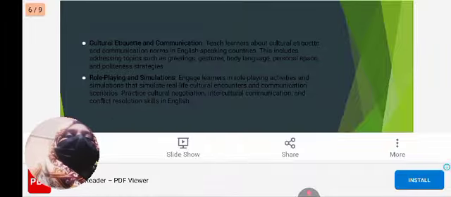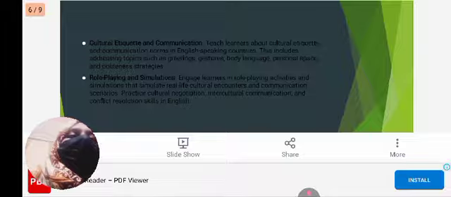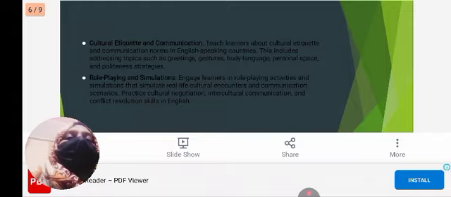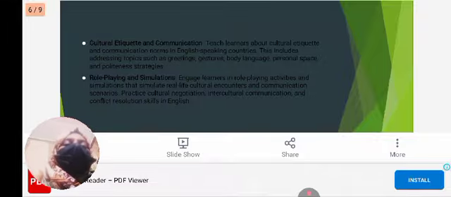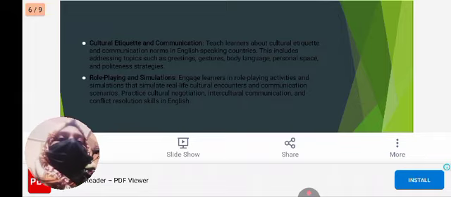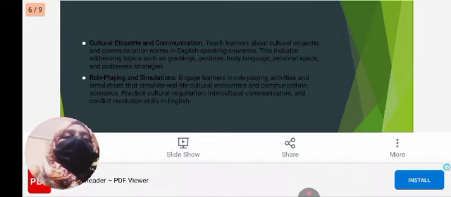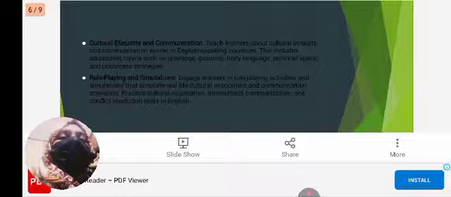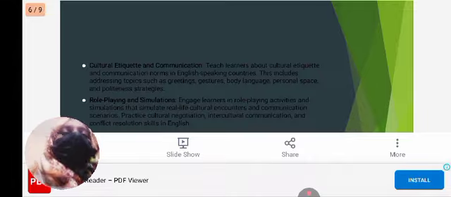Role playing and simulations: engage learners in role playing activities and simulations that simulate real life cultural encounters and communication scenarios. Practice cultural negotiation, intercultural communication, and conflict resolution skills in English.